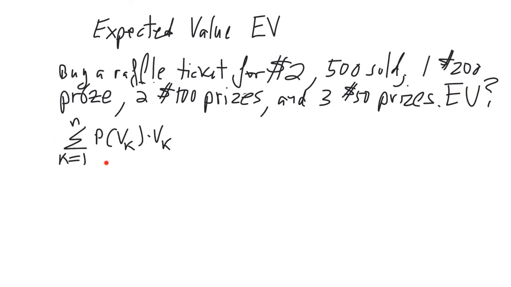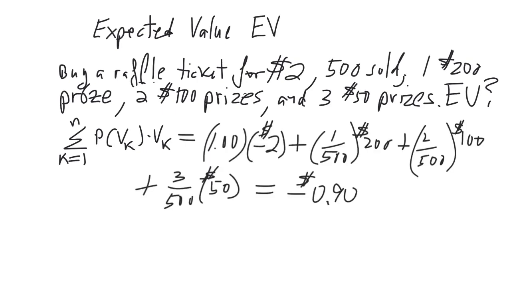And expected value is this formula, sigma notation. You take the probability of a certain value times the value. You add those all up to find the expected value. So in this particular case, you have a 100% chance of spending or losing $2.